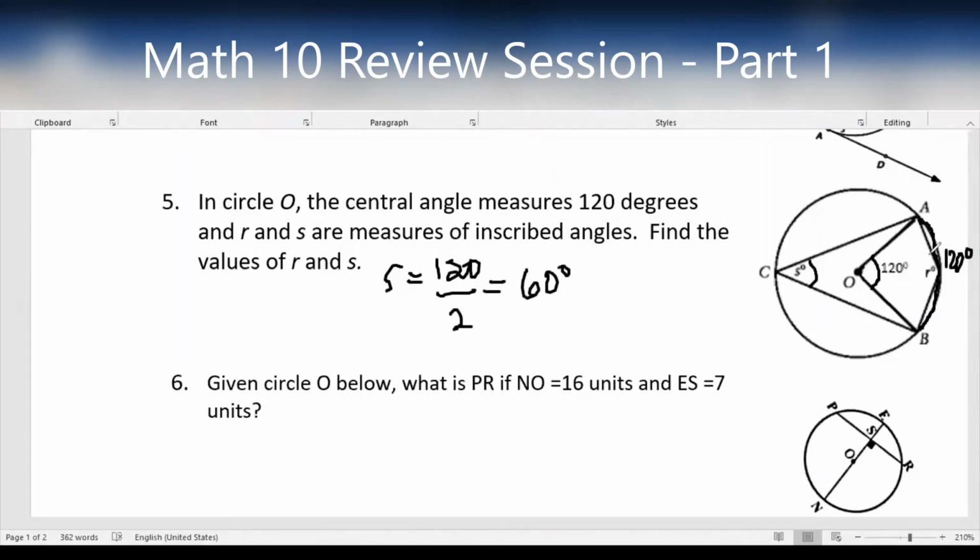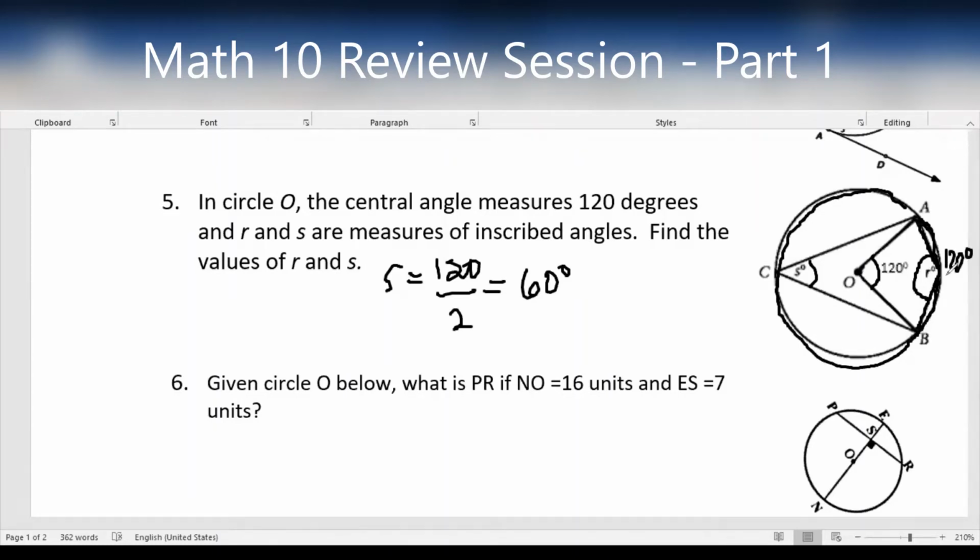Now, for angle R, what was Alexi's reason earlier? This is the angle, right? Its intercepted arc is the major arc from A to C, then to B. We know that arc AB is 120.